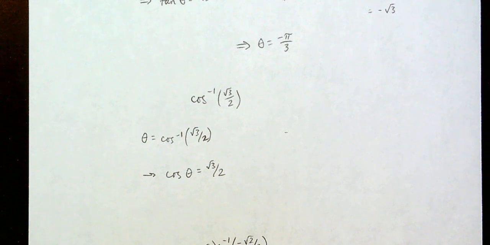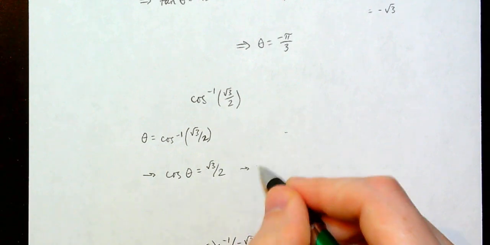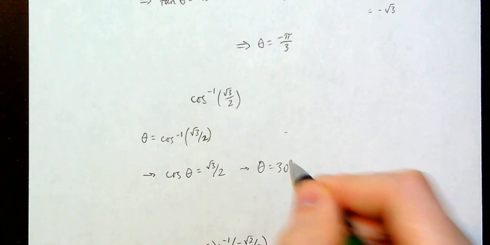Now I need to think of the angle such that when I plug it into the cosine function, I get the square root of 3 over 2 out. And this one is significantly nicer. If you refer back to your table from earlier on in this chapter, you will recall that the angle that makes this true is equal to 30 degrees.